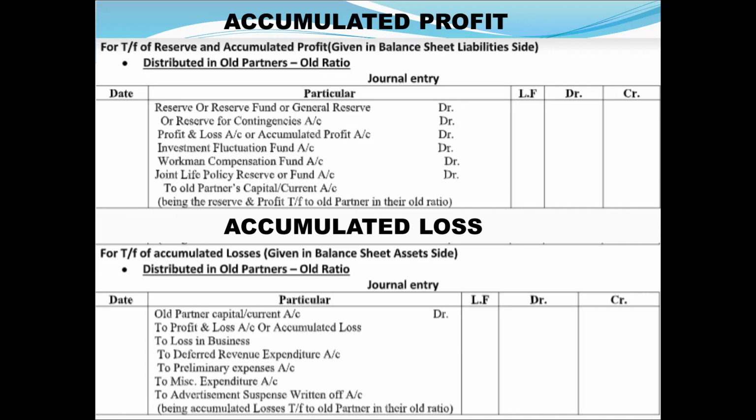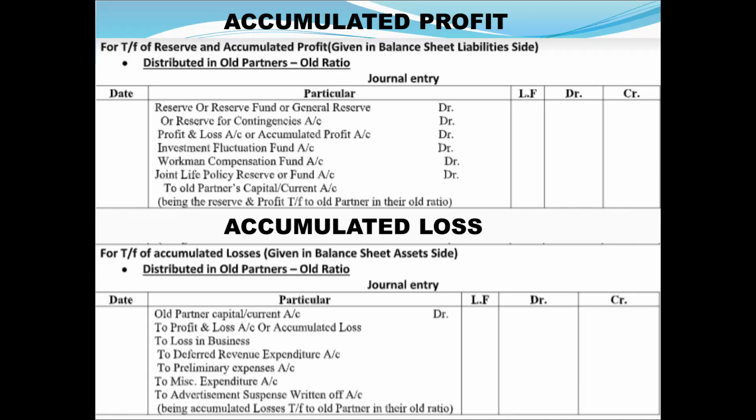Okay, then advertisement suspense account written off. Advertisement suspense account written off means this one also makes a loss. Suddenly, due to competition, you suddenly change your advertisement.